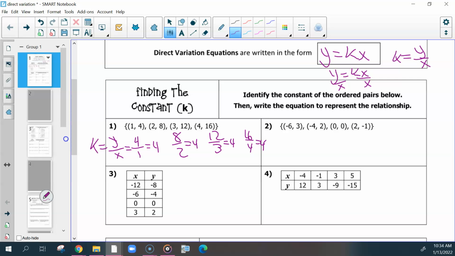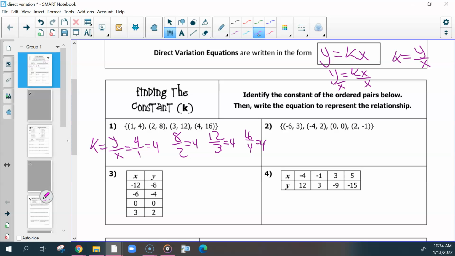Is the x value on top? It's a trick question. Never. Y on top. Always. When you're looking at the point, make sure you put the y value on top.